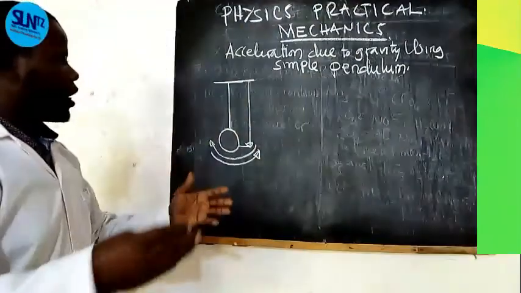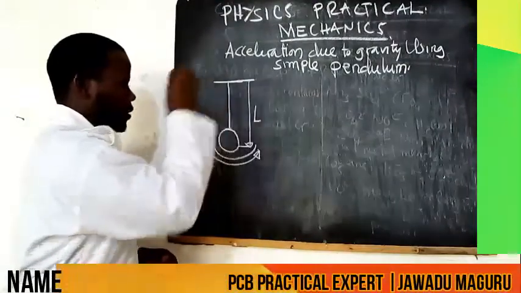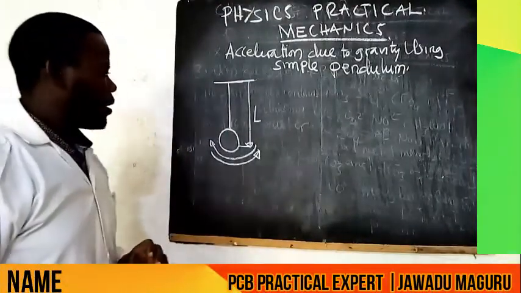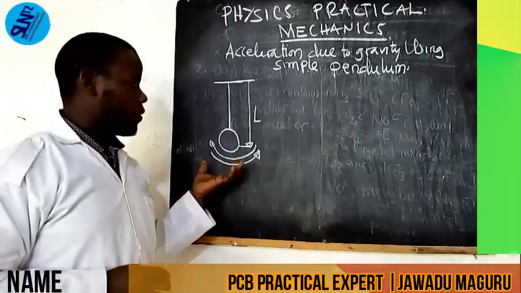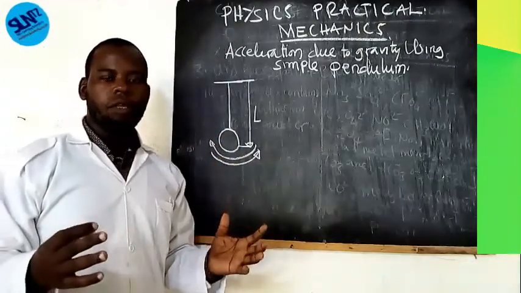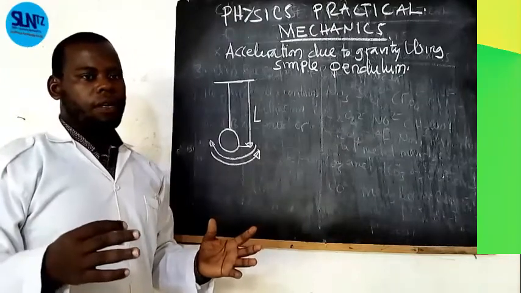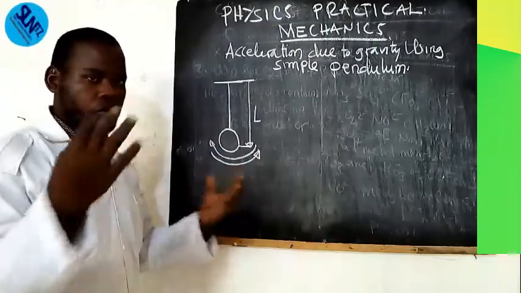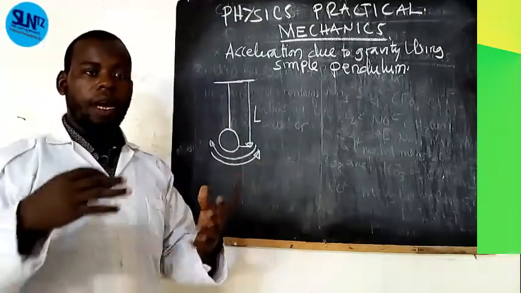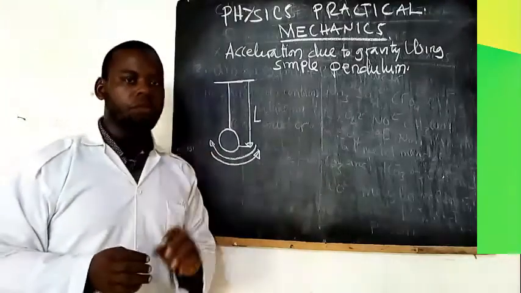You will get your time. This is the length. So how to get the equation in order to get the nature of the graph? And how to calculate the acceleration due to gravity.